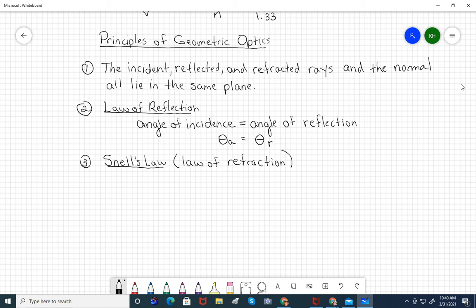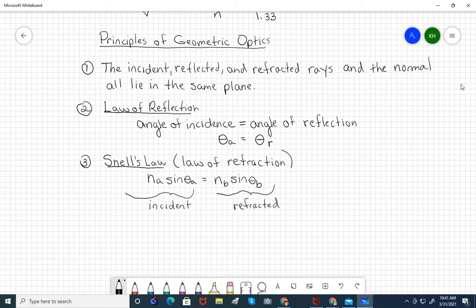And it's usually written as NA sine theta A equals NB sine theta B. So this side is the incident material and the incident angle. This side, of course, is the refracted material and the refracted angle.